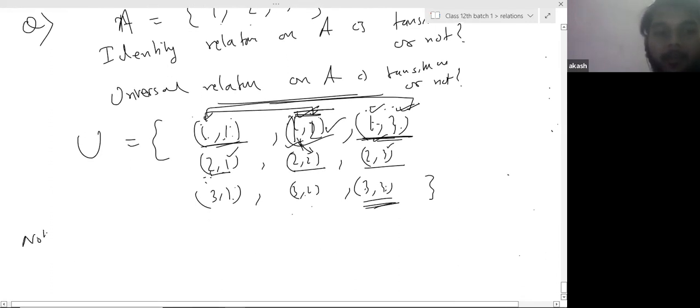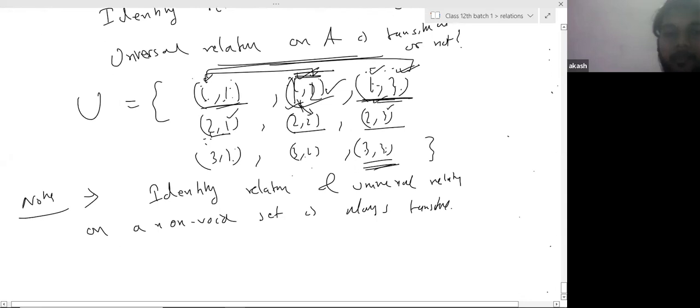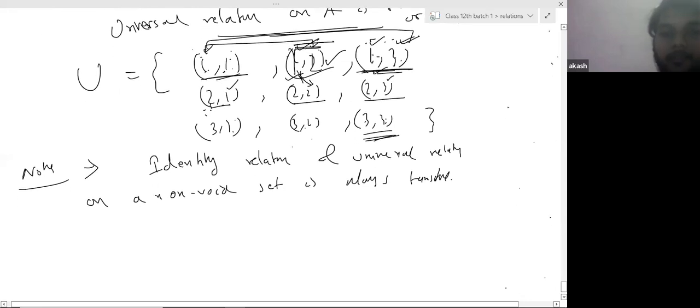So you can write the note that identity relation and universal relation on a non-empty set is always transitive. All right, write it down.